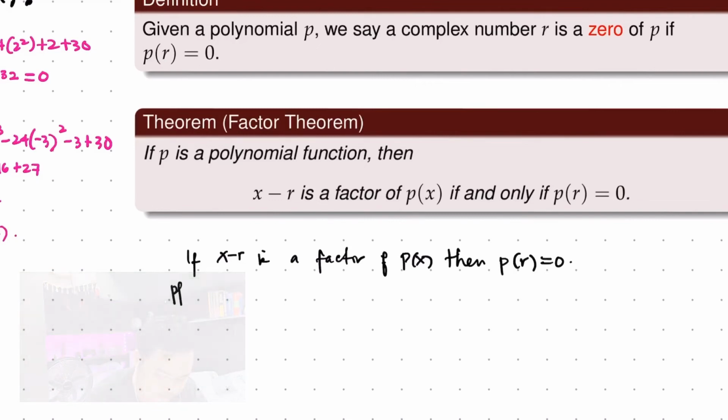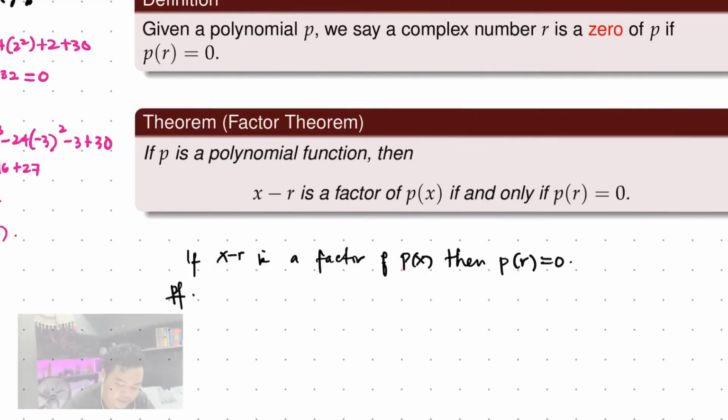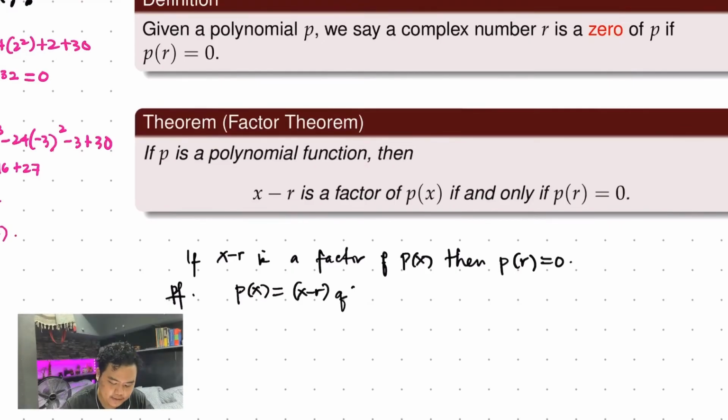So, ano yung proof nun? If x minus r is a factor of p of x, you can write p of x as x minus r times some polynomial q of x.